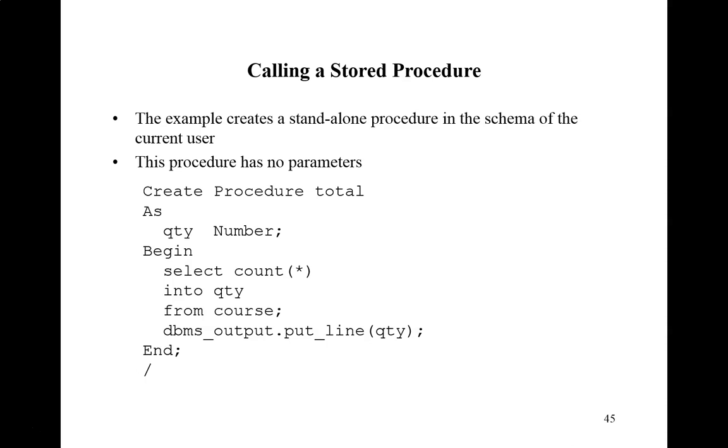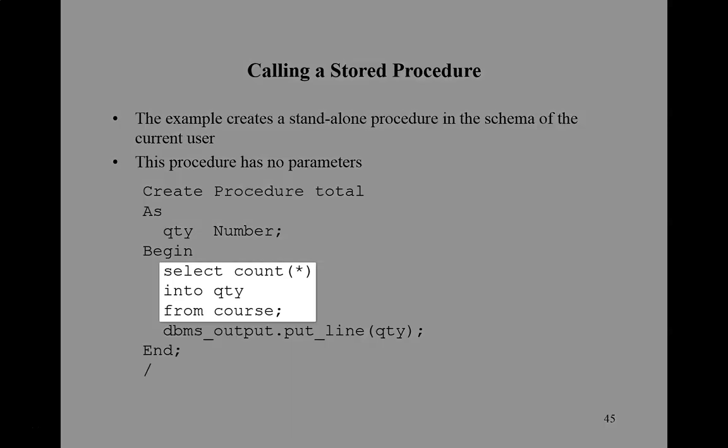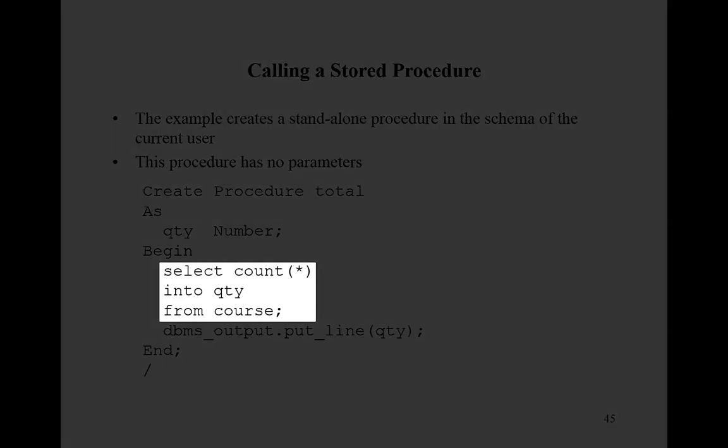What this procedure does is count the number of rows currently present in the course table. Because this is not interactive SQL, we have to provide some work area to store that value, the number of rows, the output of the count function. So we create a variable called quantity, which is numeric, and we take the result of the count function and store it in this local variable called quantity.